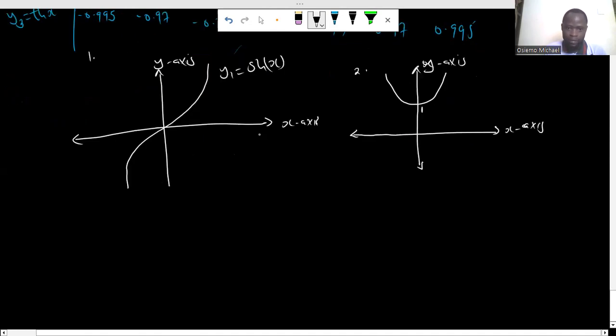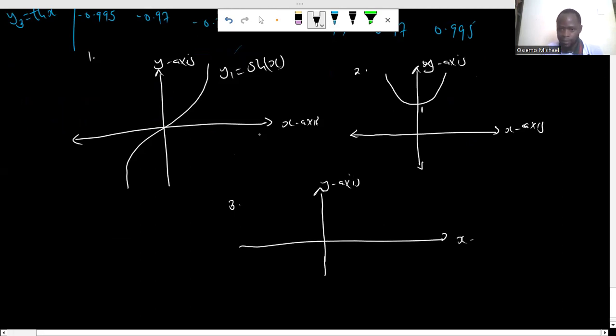And then for the tan, number 3, have a graph for tan, this being the y-axis, and this being the x-axis. So it will look like it is not surpassing 1, neither -1, so it will look like this.